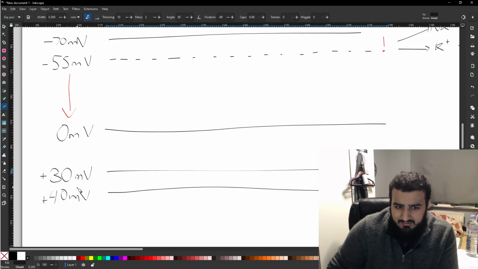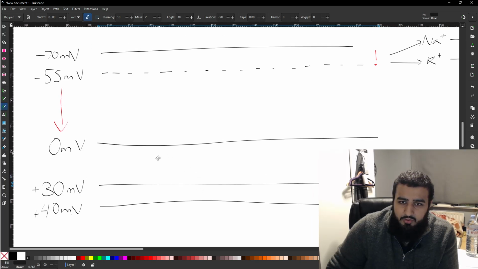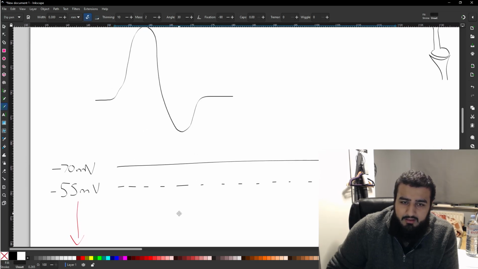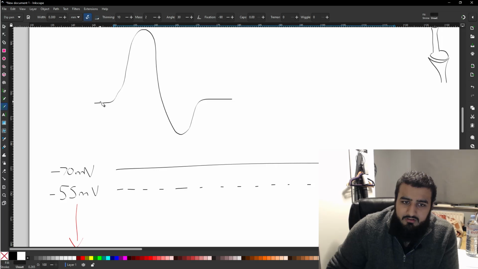And this is the repolarization stage, and it's what we call the relative refractory period. If we were to draw a graph of how it would look, it would certainly look something like this.